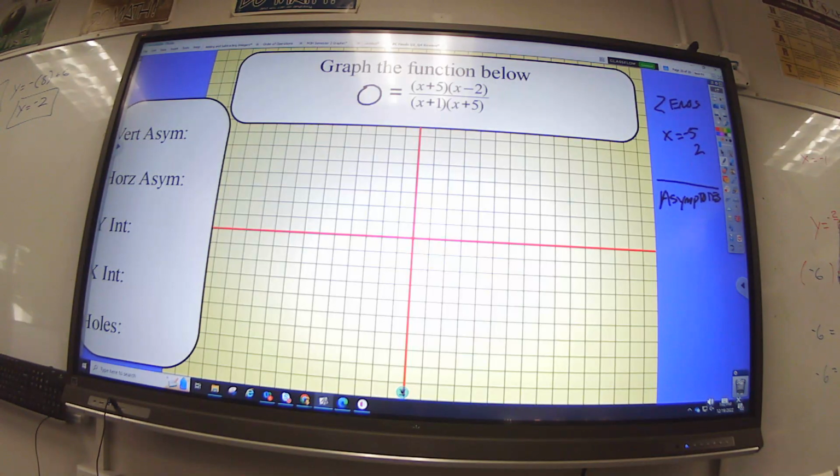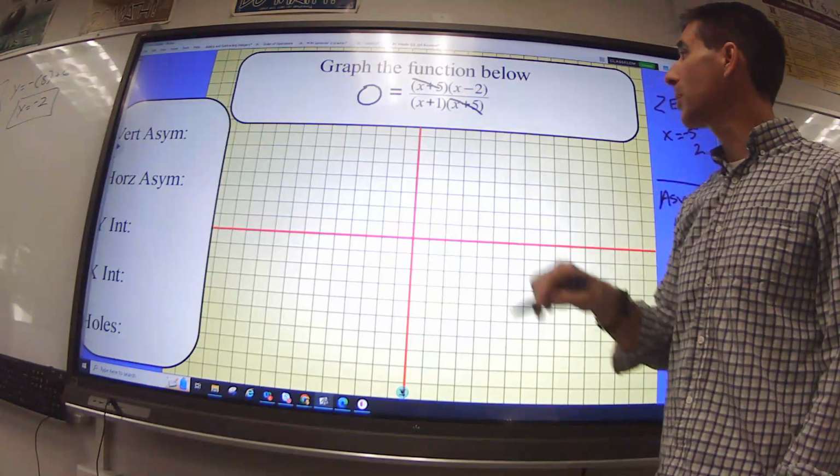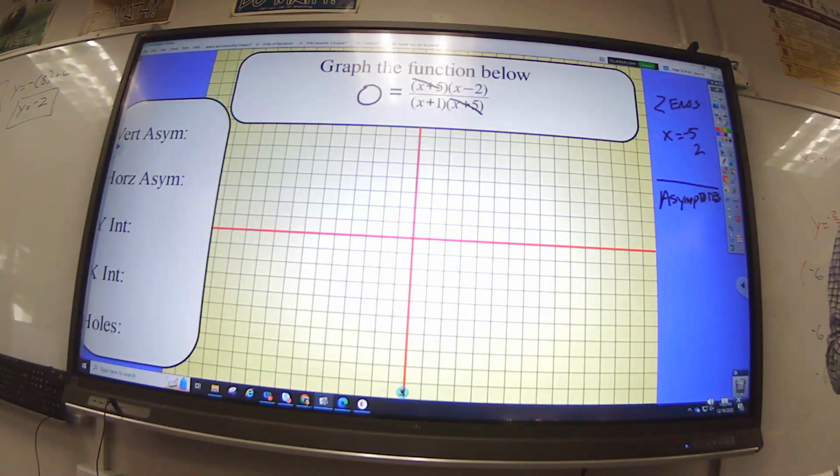Do you see that we can cancel out the x plus 5 over the x plus 5? So we get x plus 2. So what does that do with my zero here? I just have the +2 as a zero.